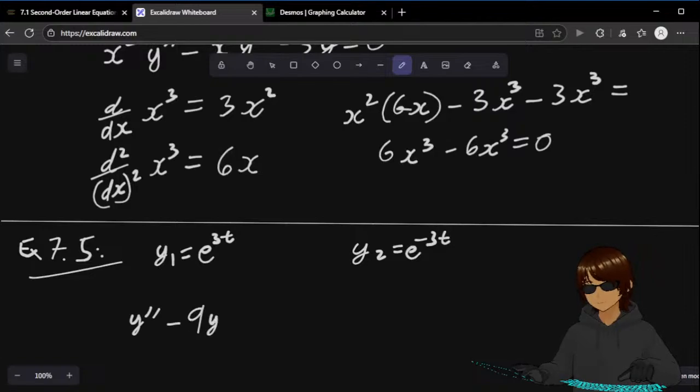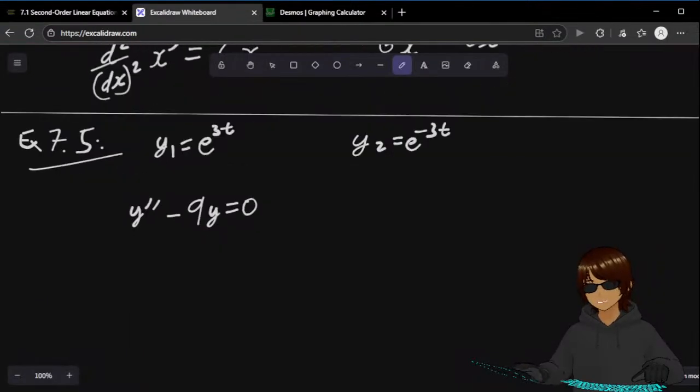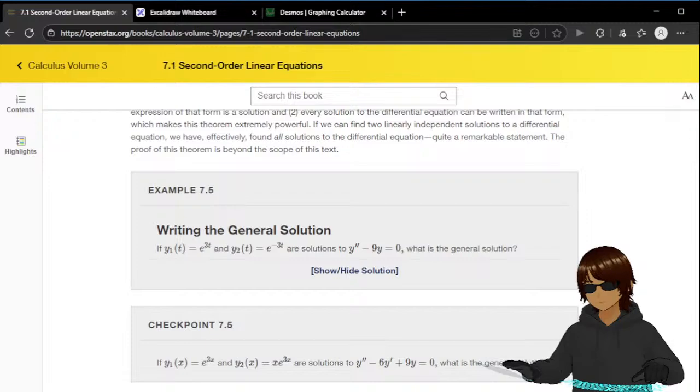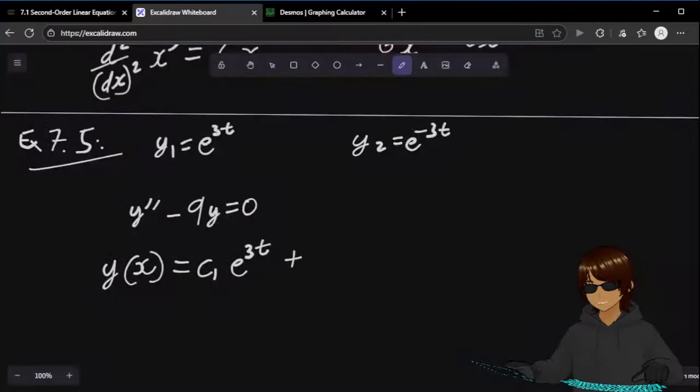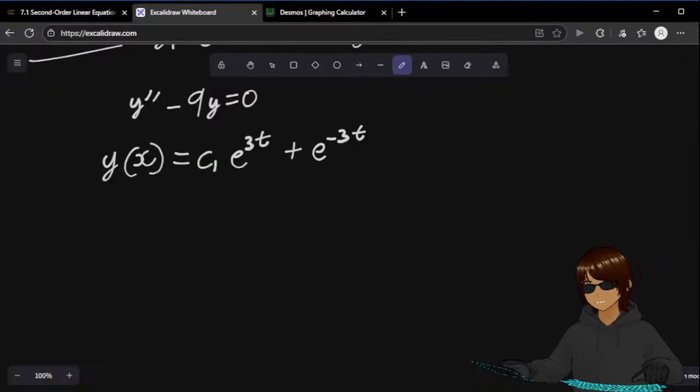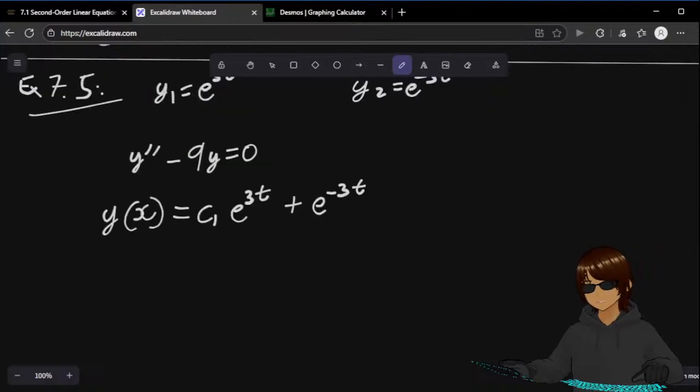Are solutions to this. They're saying the general solution is C1 e to the 3t plus C2 e to the minus 3t. They're saying this is the general solution.